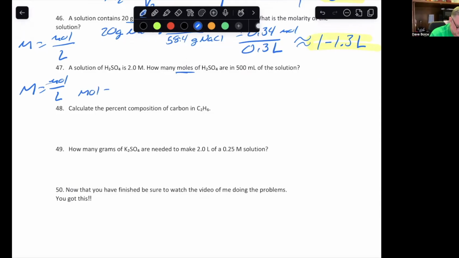So moles equals M times L. Okay, and so my molarity is 2. So 2 times, and my number of liters is 0.5 liters. And 2 times 0.5 is 1. So 1 mole of H2SO4.